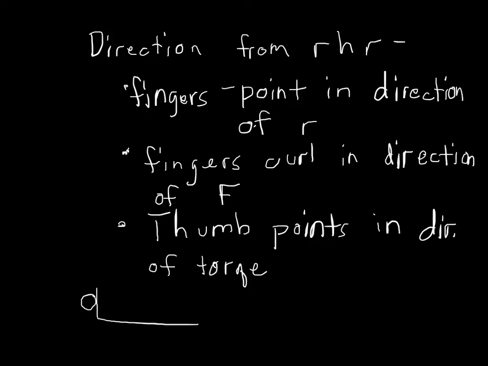Try. Here's my door. Here's my doorknob. Here's my distance R. So going from my hinge to the place where I apply my force, I'm going to be going this way. So my fingers are going to point this way.